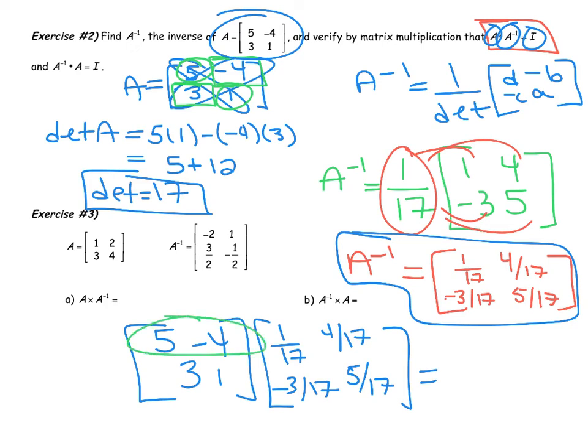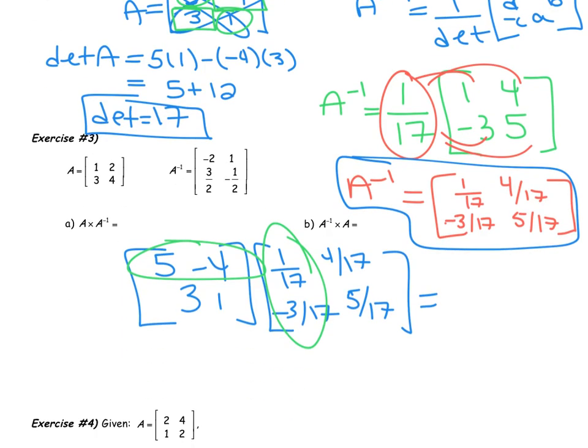I have 5 and -4 times this column. So 5 times 1/17 is 5/17. Plus, we have -4 times -3 is positive 12 over 17, which is 17 over 17, which is 1. So there's my first element.